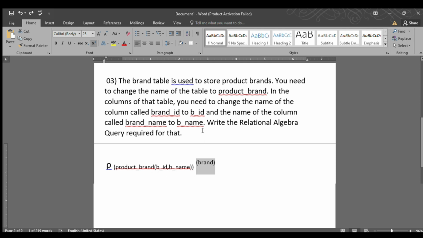They gave brand id goes to bid and brand name goes to b name, so we use both here, and the product brand goes here. They asked to change the table name to product brand, so we use that here. This goes to the subscript along with the brand name, and the table name goes to superscript. The symbol is the same, phi.